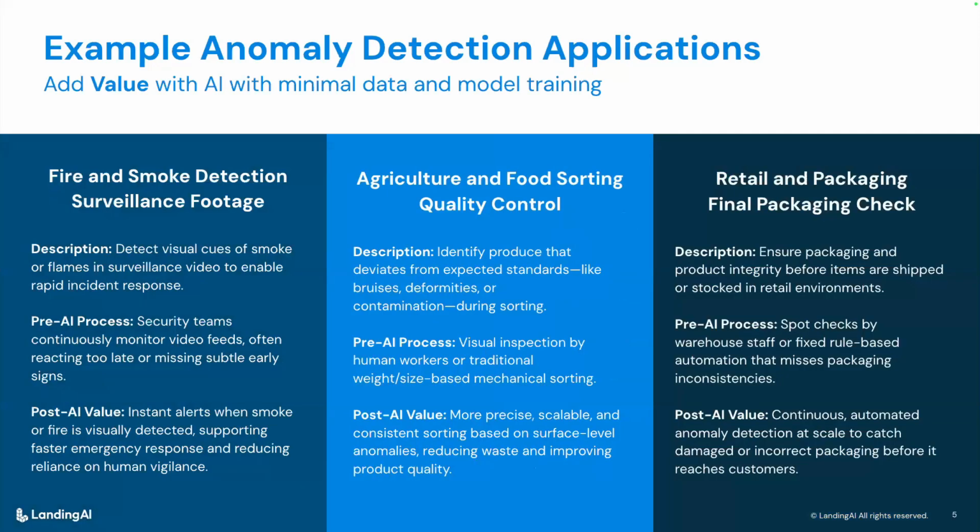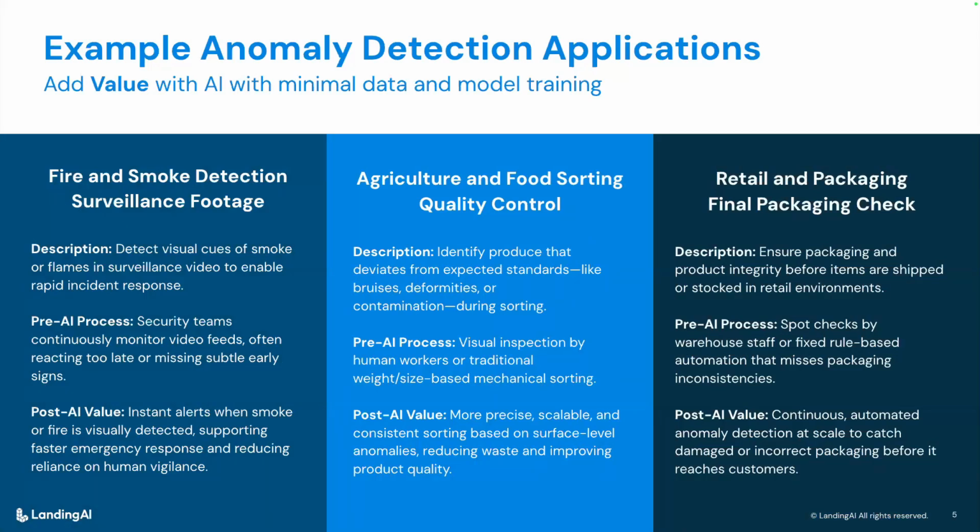When we look at other applications across different industries, we see that pop up in surveillance. This could be both agriculture or directly in facilities. We see that also in agriculture quality control, and also in retail, just doing a final packaging check.